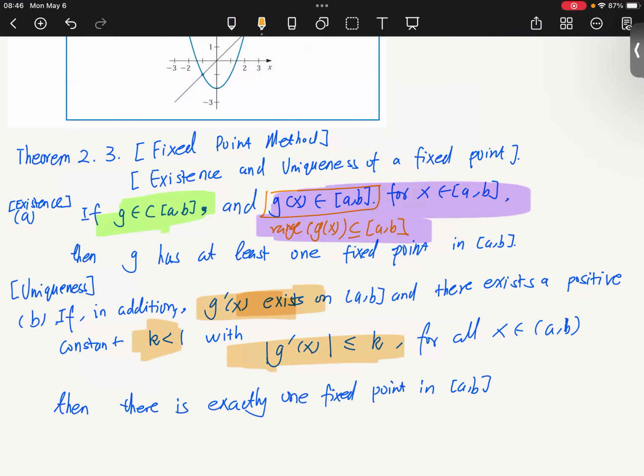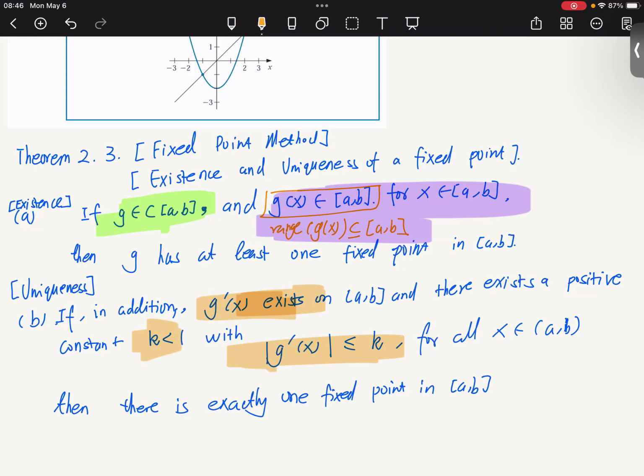For the existence, we have two criteria: continuity and the range of G. For the uniqueness, we add one more criterion to the G function: the derivative should exist, and there is a bound for that derivative, and the bound should be smaller than 1. Does that make sense? Any questions about the statement and the criteria for the G function?